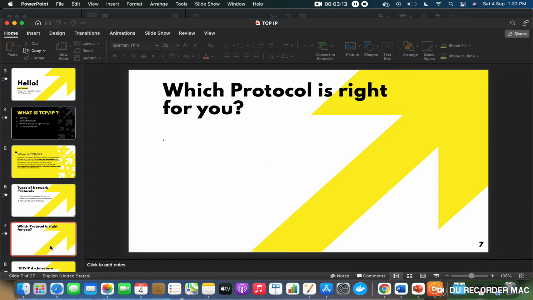Now we will understand what is the right protocol for us to use. If you are a small startup company or a small business, I think TCP/IP is the best protocol, widely used, and it is very easy to manage. If you would like faster and more efficient file transfers, then you would definitely opt for FTP instead of relying on HTTP, which is non-secure.